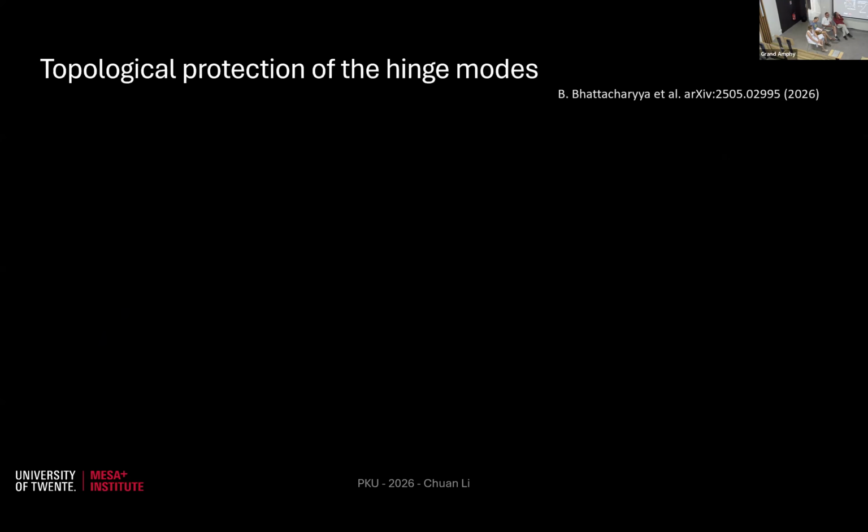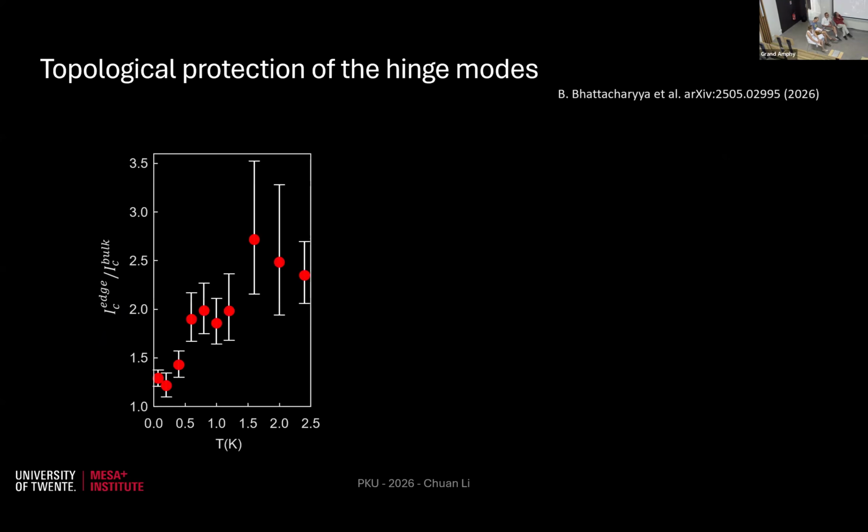In this experiment, I didn't even talk about what we measure, but it's bismuth antimony with very little doping. So basically, it's a little bit like a Dirac system, but it has this higher-order topology, which is the playground.